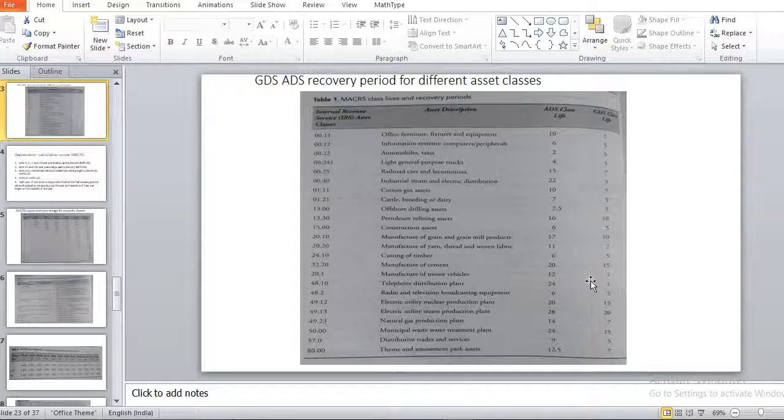So that property comes under this class, having ADS value 12 year and GDS value 7 year. It is the manufacture of motor vehicles class, and it has number 20.1.